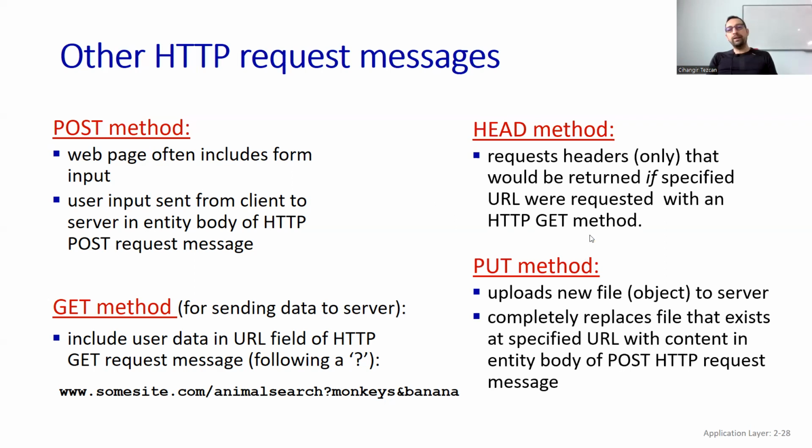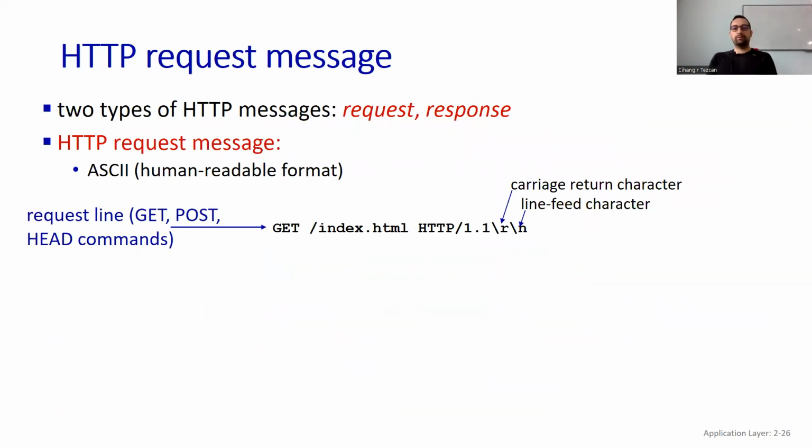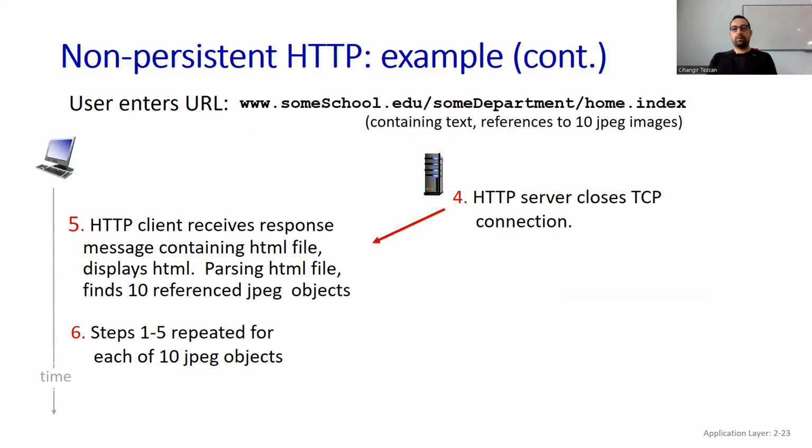Okay, there are two other methods that are not much heard of or used. The head method is as follows: request headers only. That would be returned if the specified URL were requested with an HTTP GET method. So let me explain it this way. Here, I request an HTML file with a GET method.